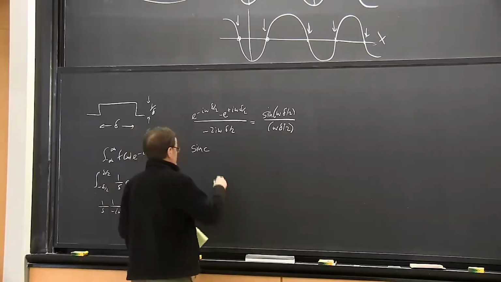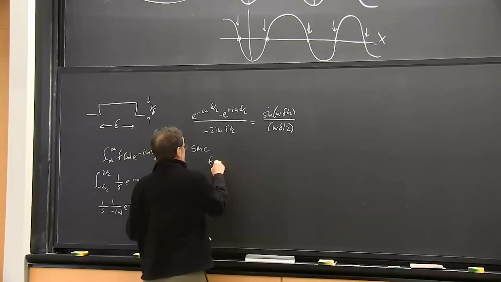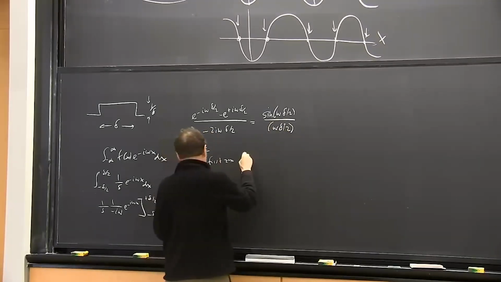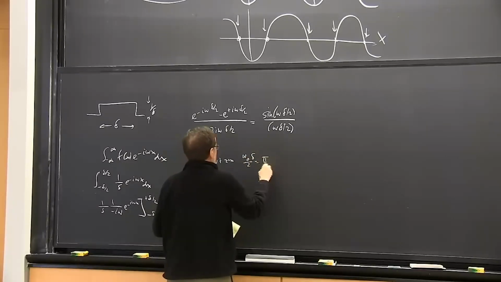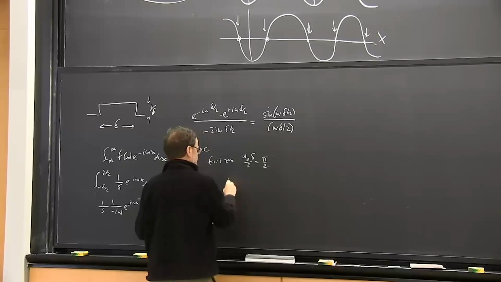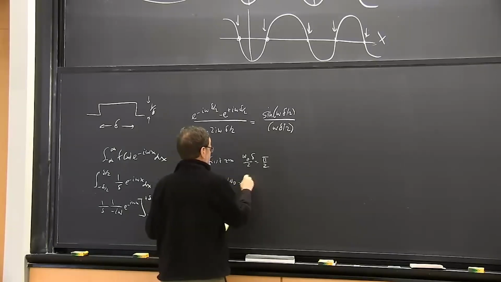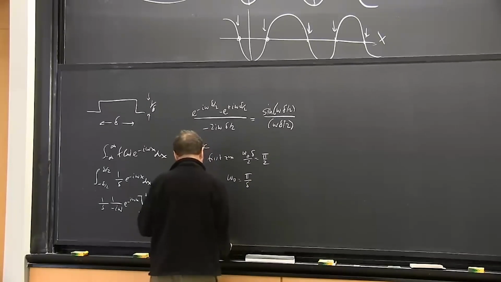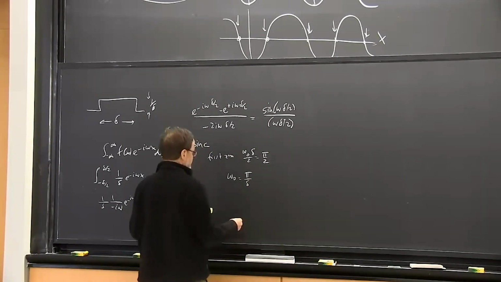So let's see what we got. The first zero is, of course, where the argument of sine is pi over 2. So we got, and so that's at omega 0 equals pi over delta. 2 pi over delta.